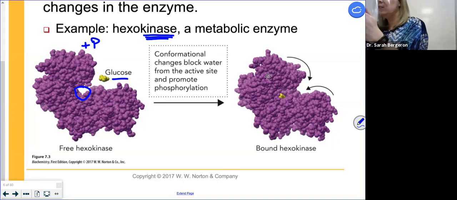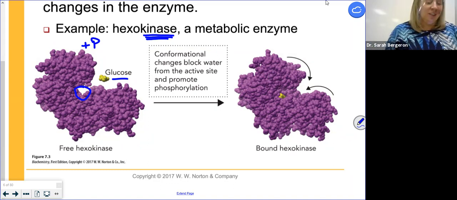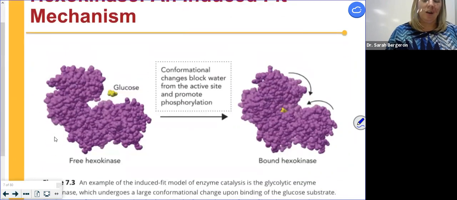And that actually helps to promote the phosphorylation of it. So a lot of times what you're going to see are conformational changes that promote the reaction. But usually they're not that big. I mean, that's like an insanely large conformational change.